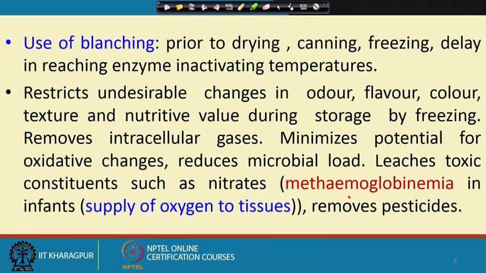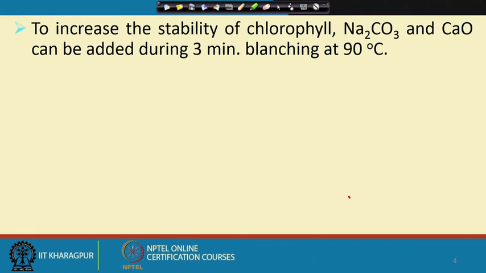And then sodium carbonate or calcium oxide may be added as a supplement, so that the color retention is very easy, right.